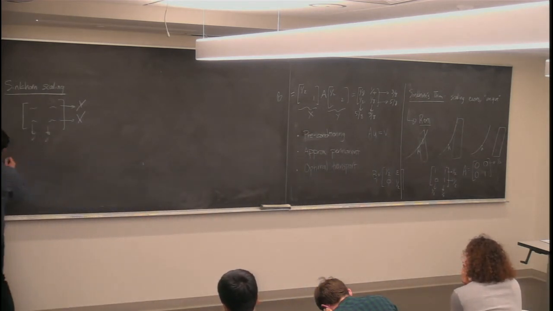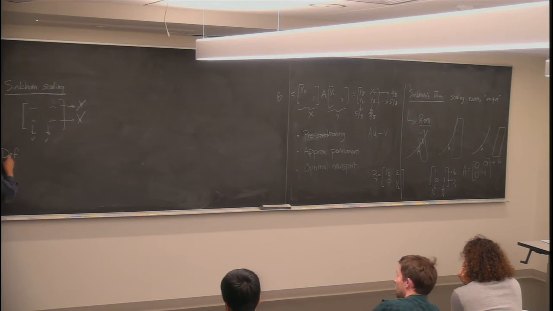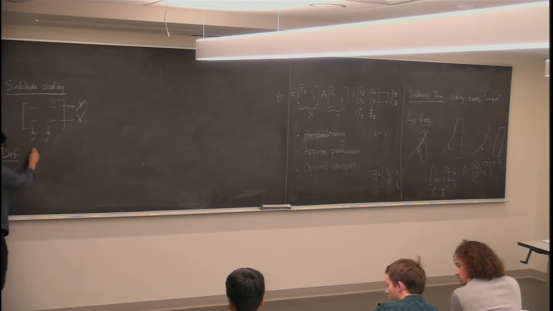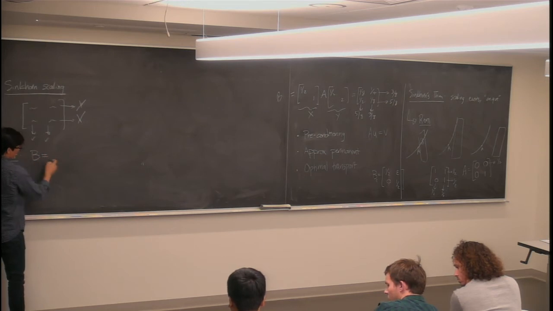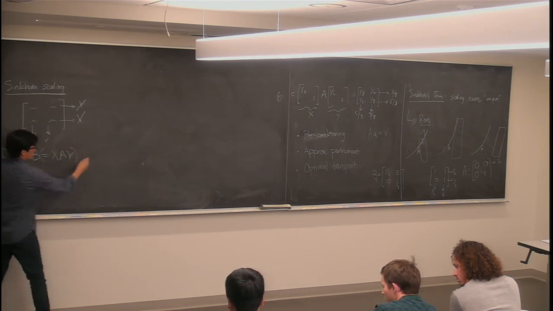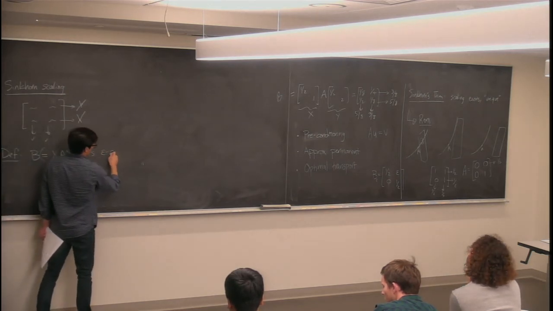So the definition of, let's call it epsilon scaled, meaning epsilon far away: we'll say that a matrix B, which for us will be of this form, is epsilon scaled.